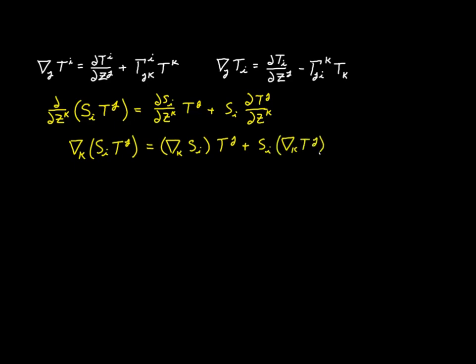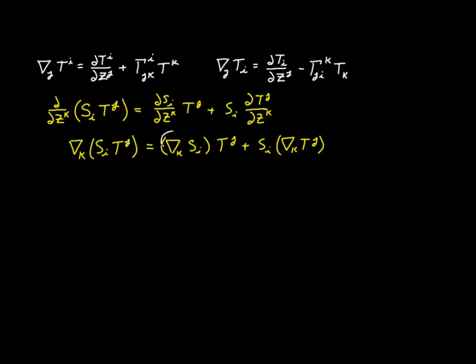All right, so the question is, does this make any sense? Well, there are two guiding principles we look for in seeing if we have a valid expression for the covariant derivative. The first is we're going to insist that the result always be a tensor. And that's the whole point of a covariant derivative, is to know that whenever we find the covariant derivative, we will be producing a tensor. So let's look at that first.